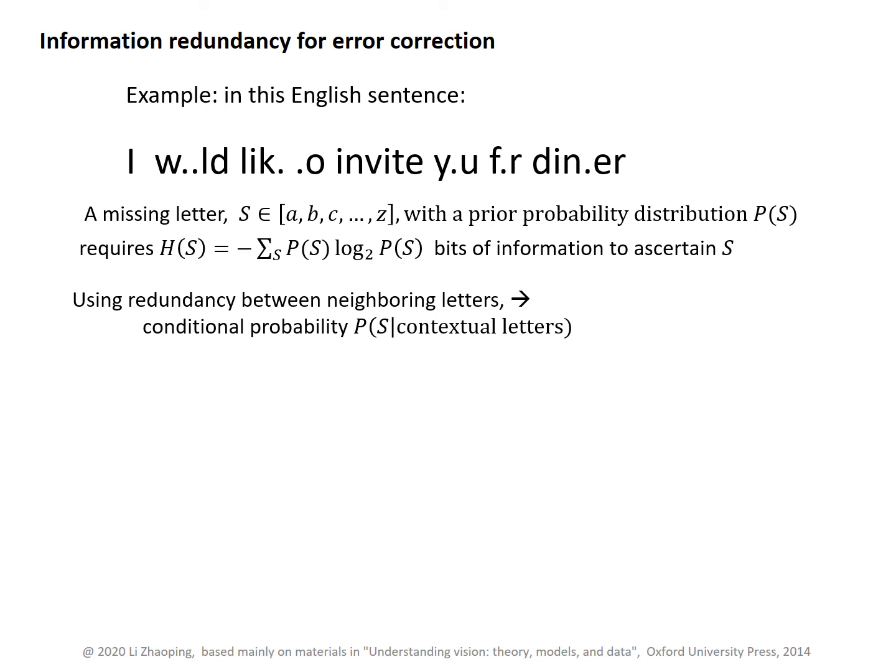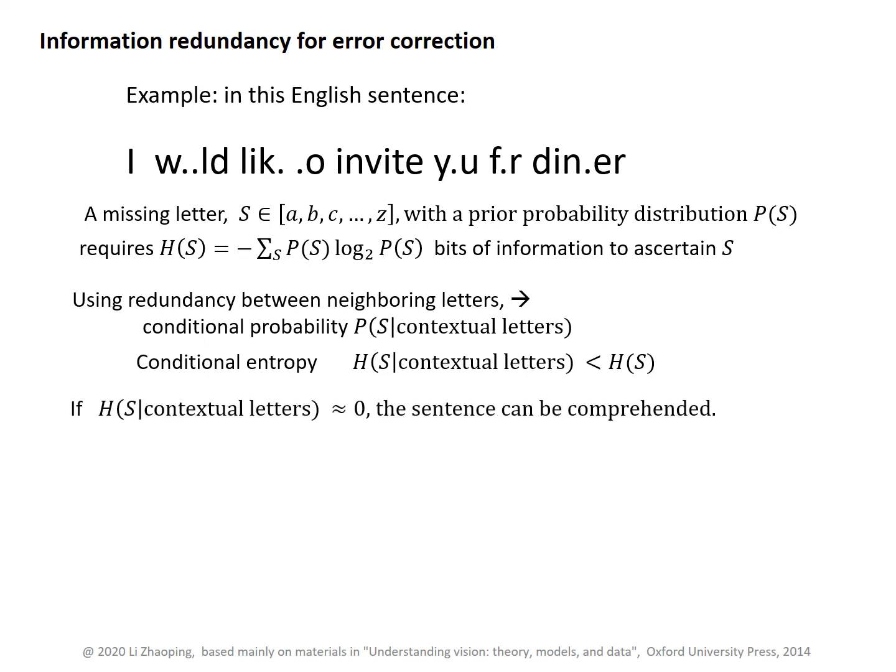However, we can guess the missing letter by context because the conditional entropy given contextual letters is much smaller than 5 bits. And if this conditional entropy is nearly 0, then this means we have no uncertainty about the missing letters given the context. So in this example, we can guess the original sentence from context.